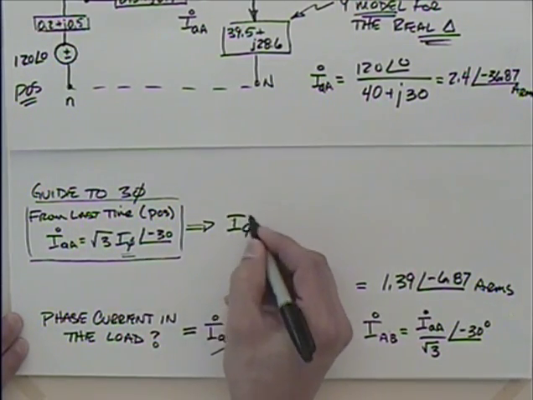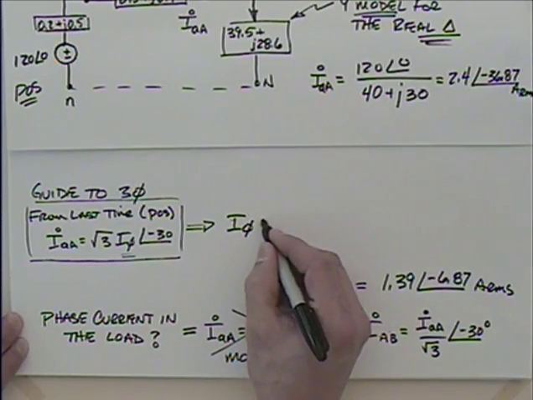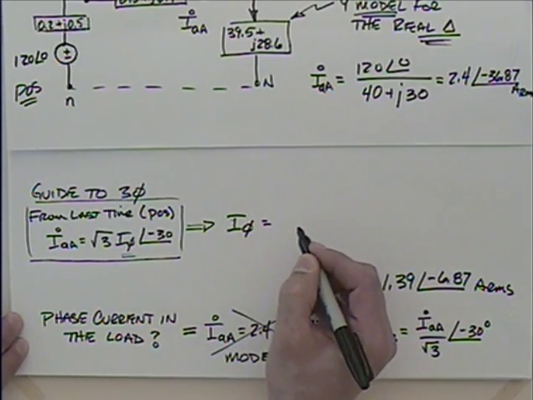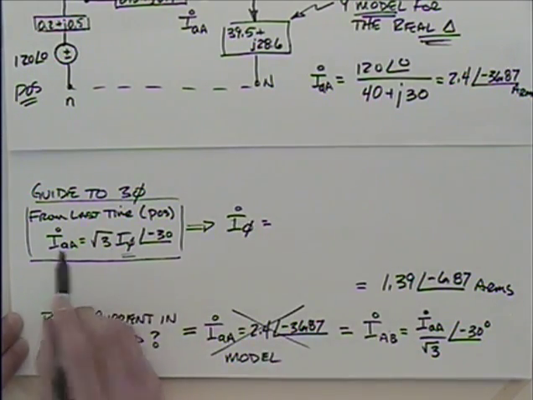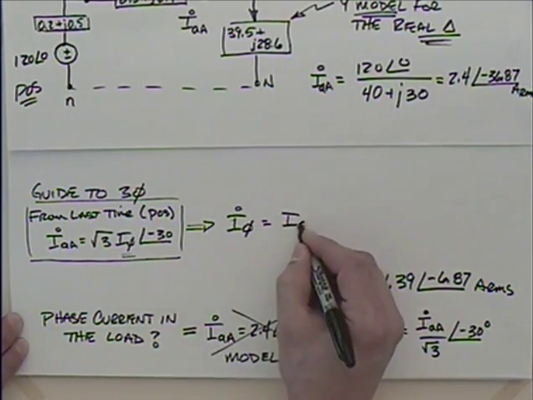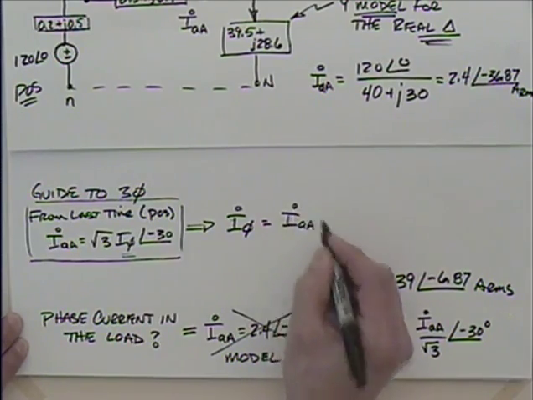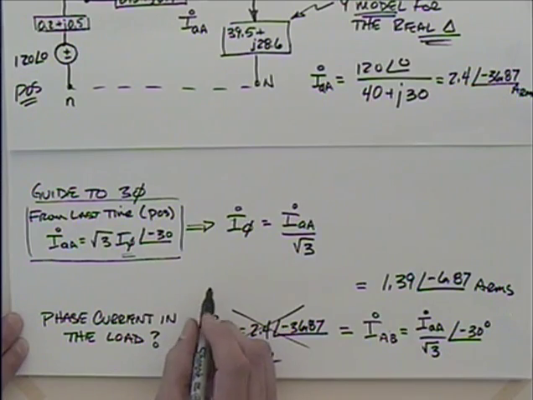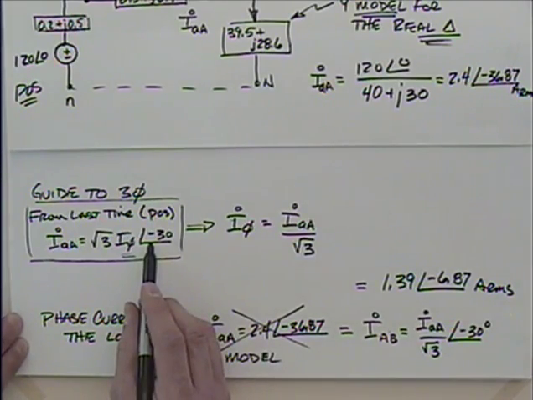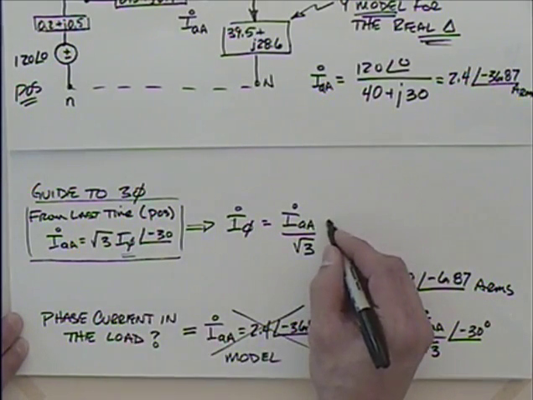I phi is going to be, I'm going to have to take the I little a big A, divide by the square root of 3, and then to get that over there, I've got to add 30 degrees, don't I?